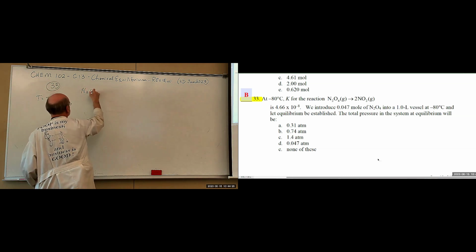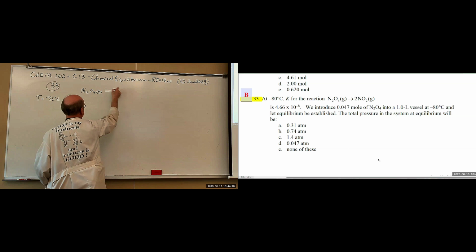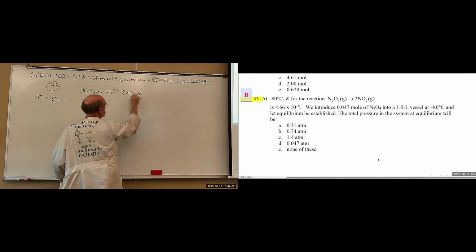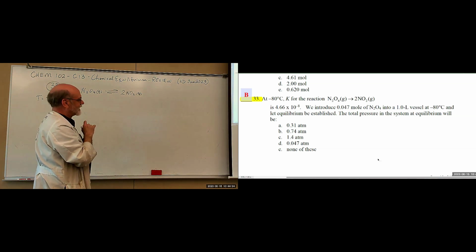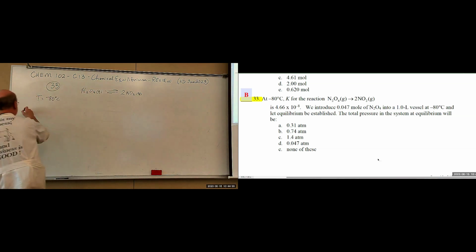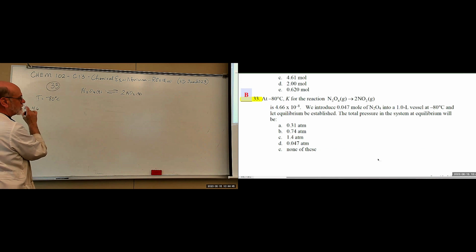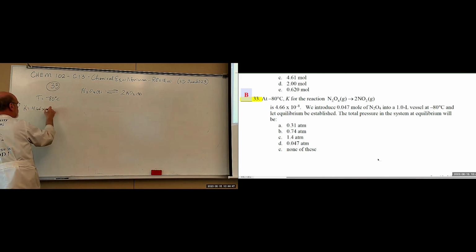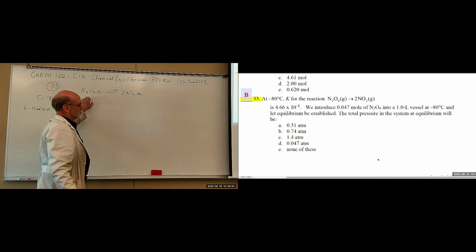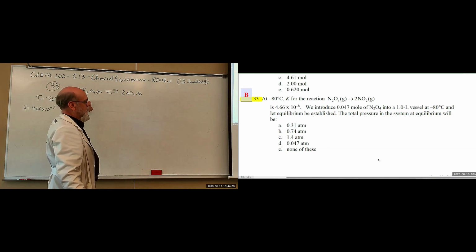Okay, N2O4 to NO2. The K is 4.6 times 10 to the minus 8. So reactants are heavily favored.